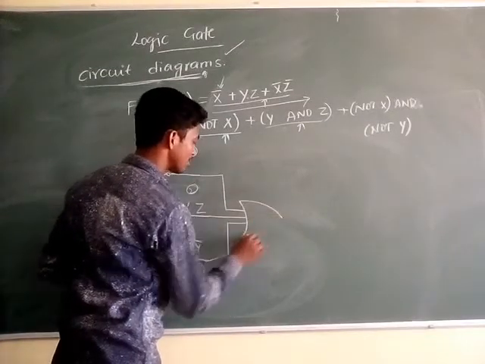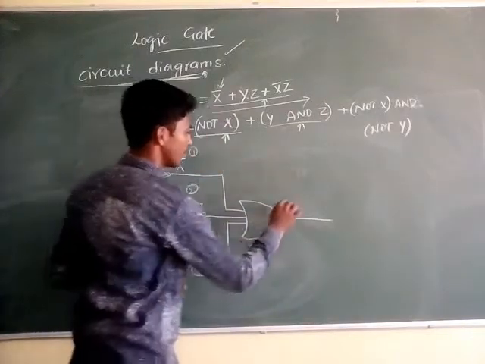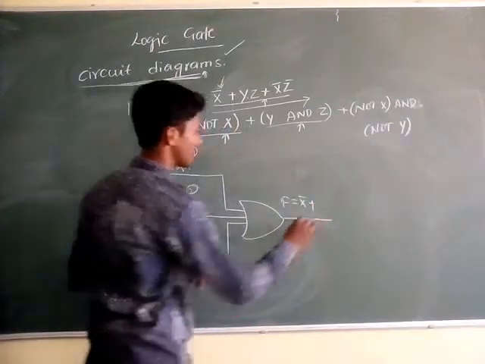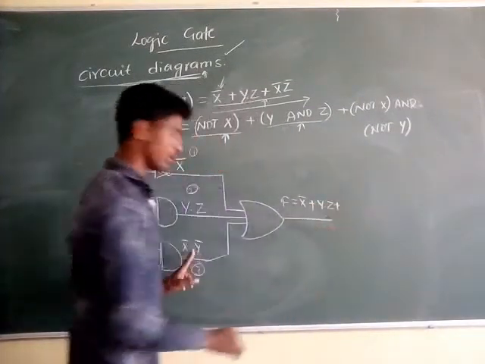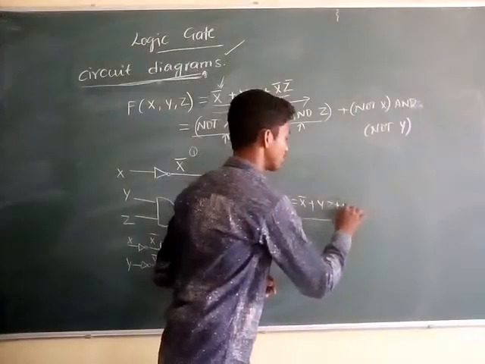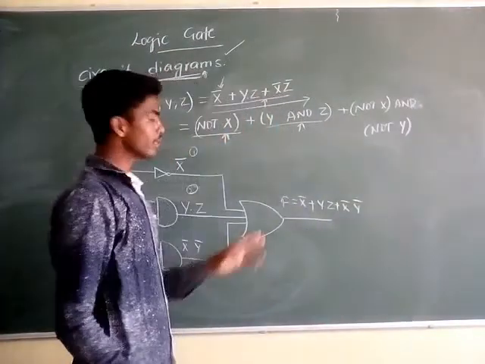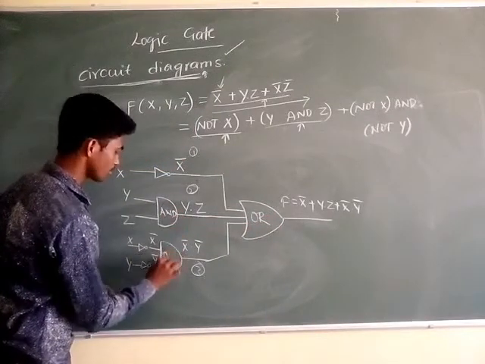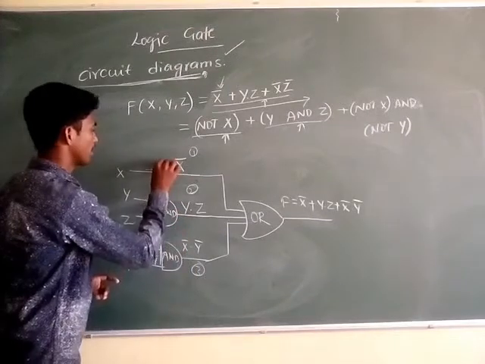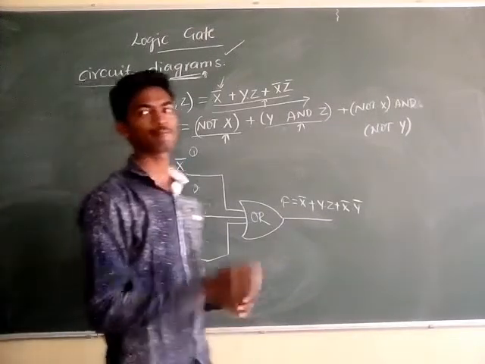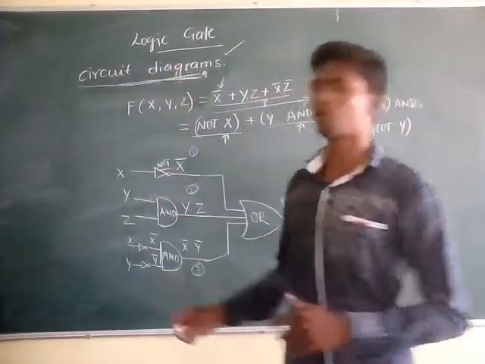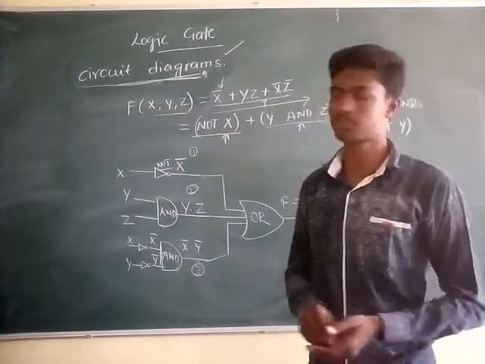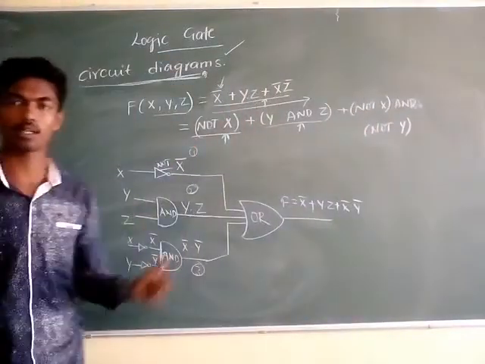We will get the result F equal to X complement plus Y into Z plus X complement into Z complement, which is the OR gate, the AND gate, and the NOT gate. This is the circuit diagram for the given expression of a system containing three literals. This is the second example.